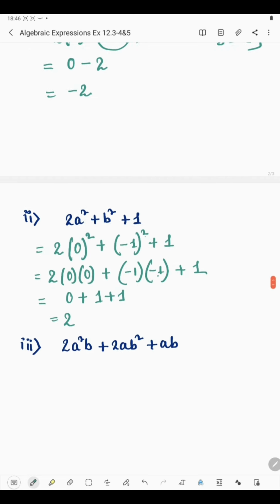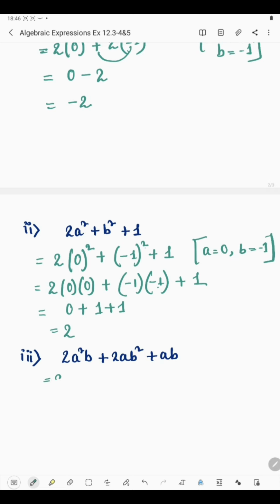Now in the third part we have 2a square b plus 2ab square plus ab. So 2a square means 0 square, b is minus 1, plus 2a, a is 0, b is minus 1 square, plus ab, a is 0 and b is minus 1.